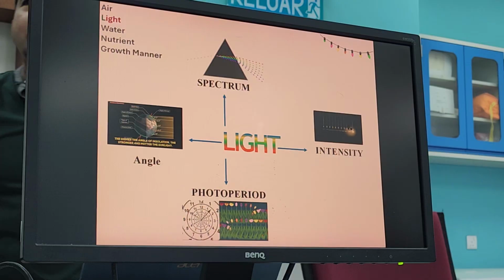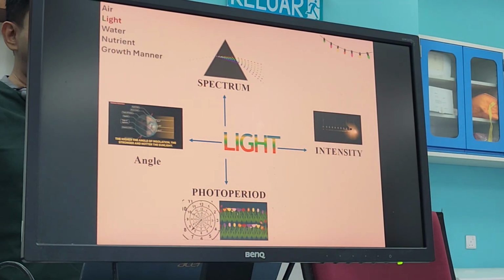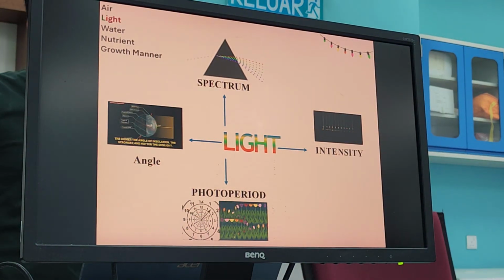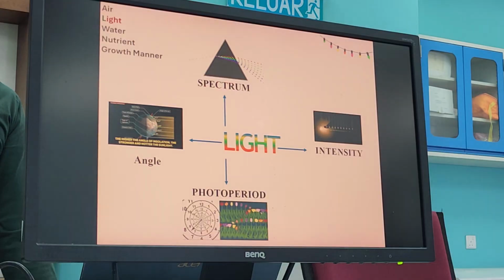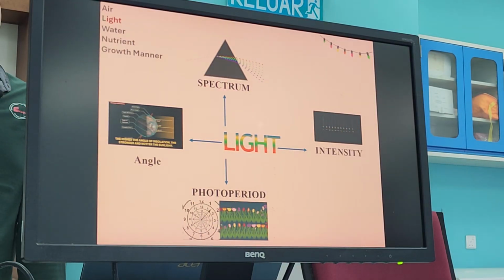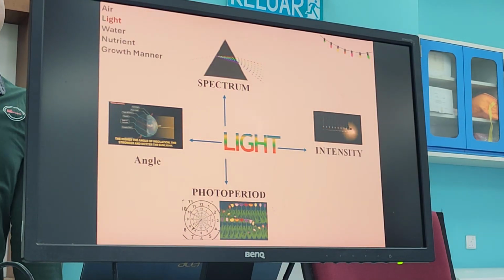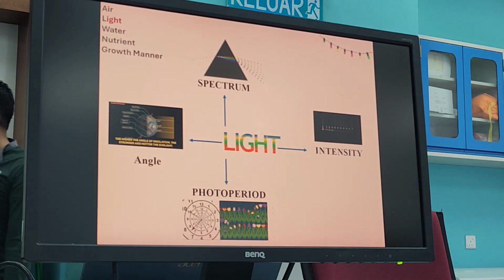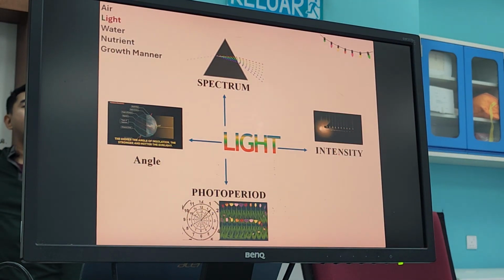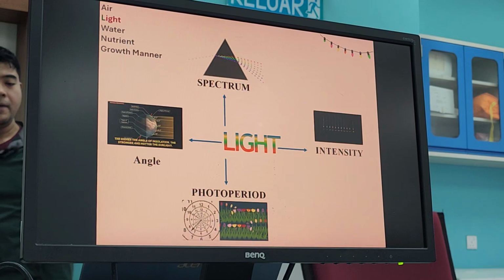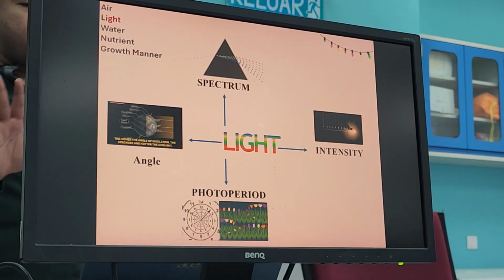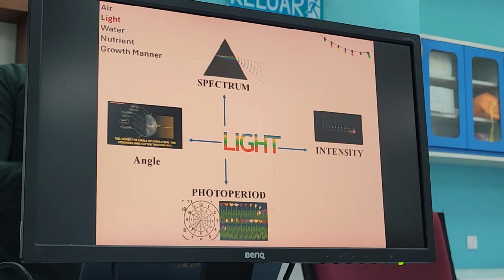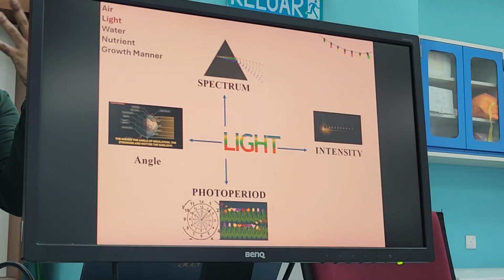Therefore, even though it's hard to grasp the whole concept of light, because it's a mystery, I'll tell you in a bit why it's a mystery. It has to be understood so that it can be manipulated to give impact to your interest. Okay? So we're going to look at light, which is important for agriculture.